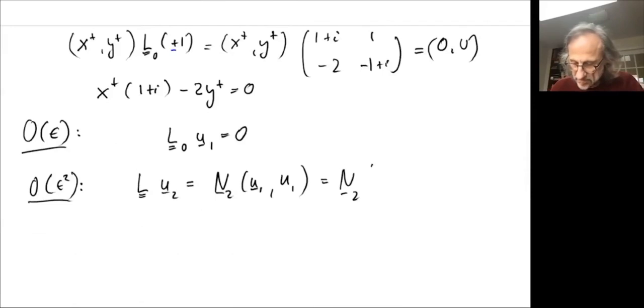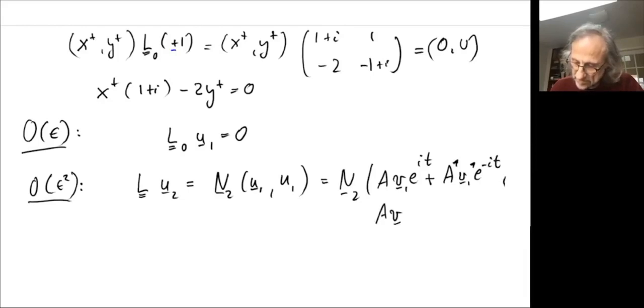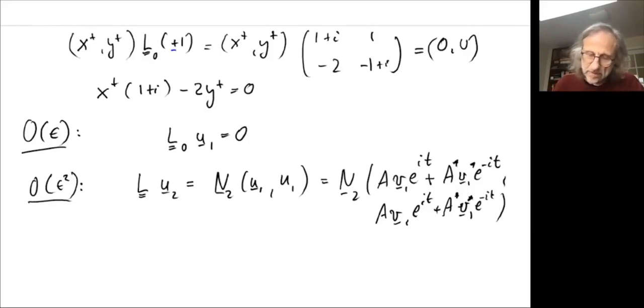So this is a times v1 e to the it plus a star v1 star e to the minus it, comma, a v1 e to the it plus a star v1 star e to the minus it. And now we have to take the square of the y component, and in the x row and in the y row something else. It's going to be a little bit of algebra, which I'm not going to do now.